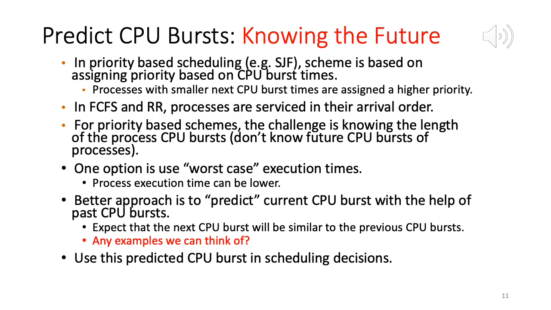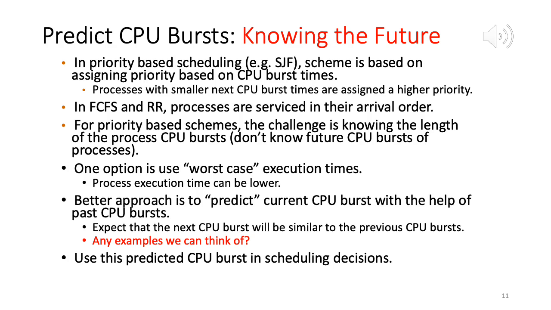Once again, the process is executing in real time, requesting the CPU in specific bursts, and we keep track of the past CPU bursts. Based on that pattern, we try to predict the future behavior, the CPU burst of the future, and then use that predicted CPU burst in making scheduling decisions.